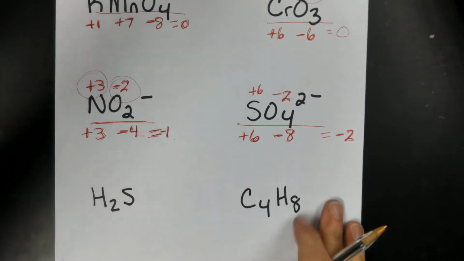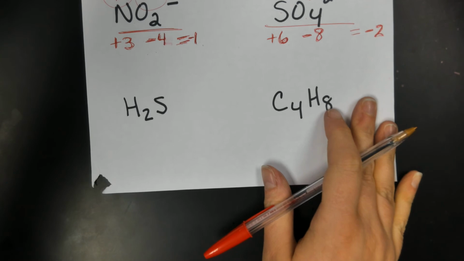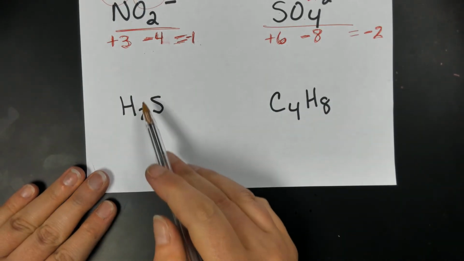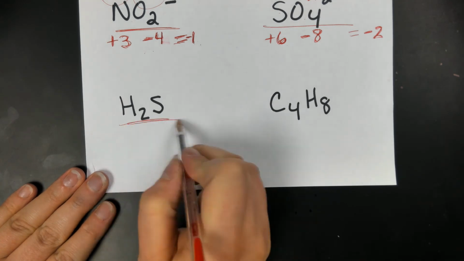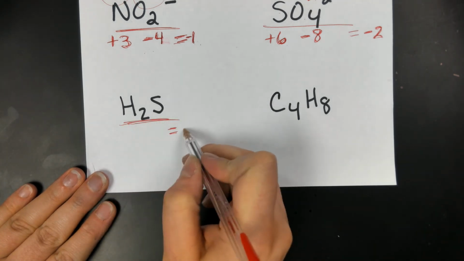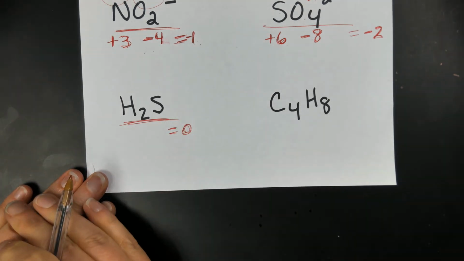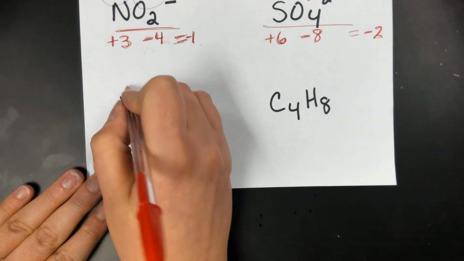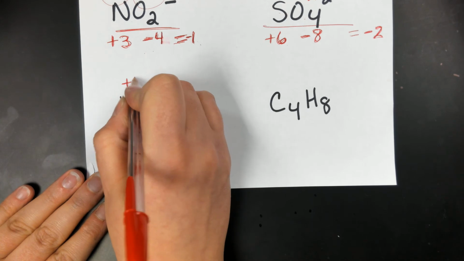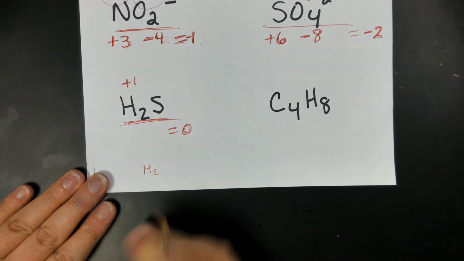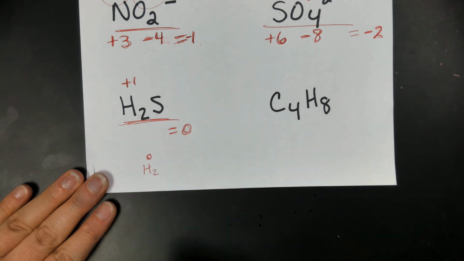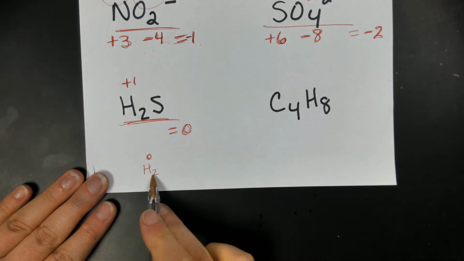Let's keep going, shall we? How about H2S? So it totals out to 0. I don't have a rule for sulfur just yet, but I do have one for hydrogen. It's going to be +1. Side note, remember, H2 by himself, what's his oxidation number? 0. Remember, because that's elemental. This is by himself.